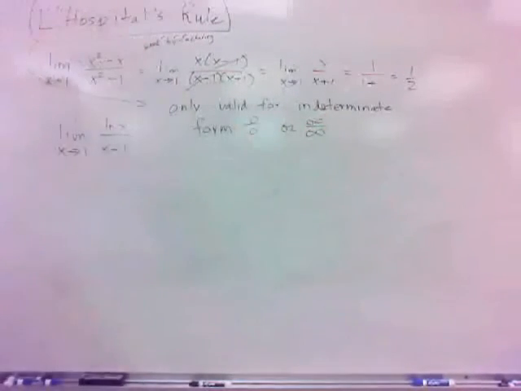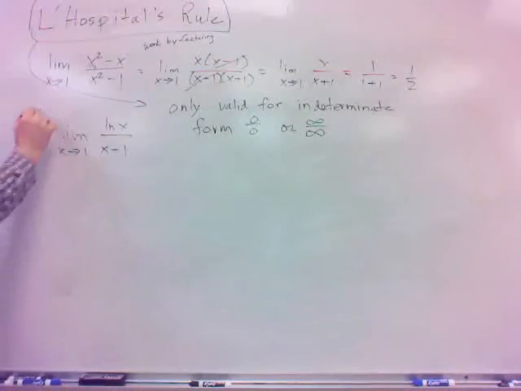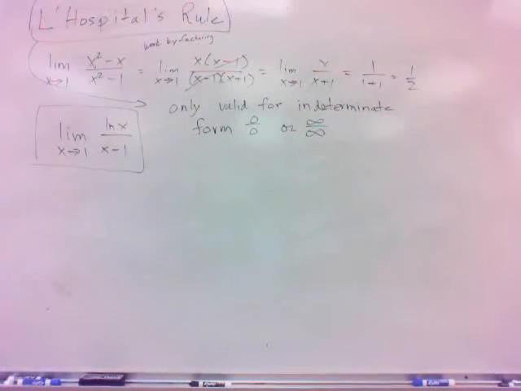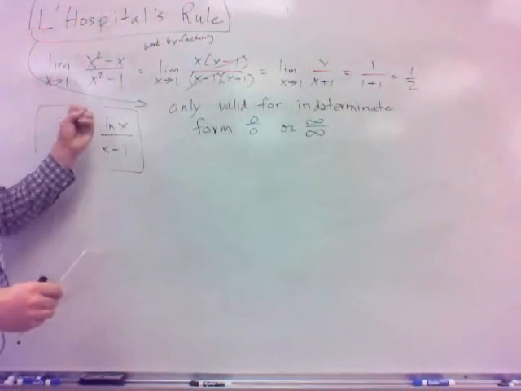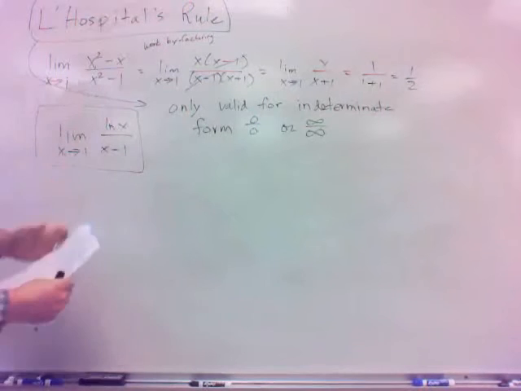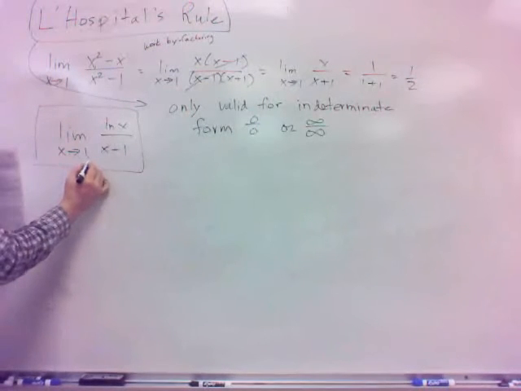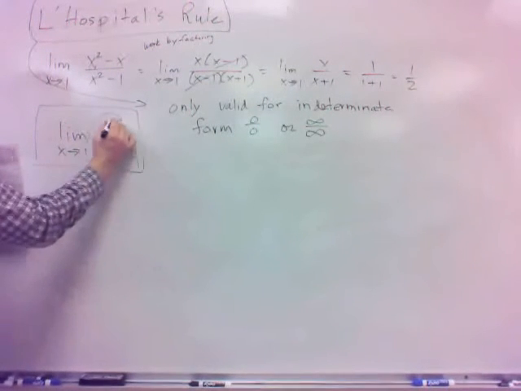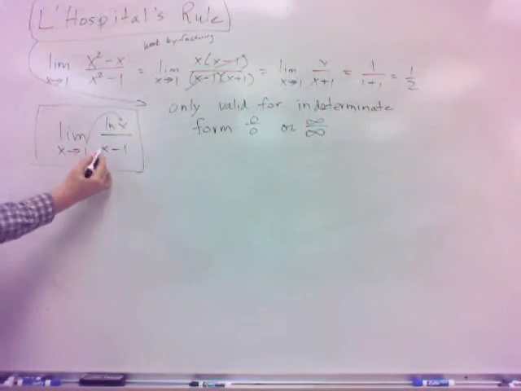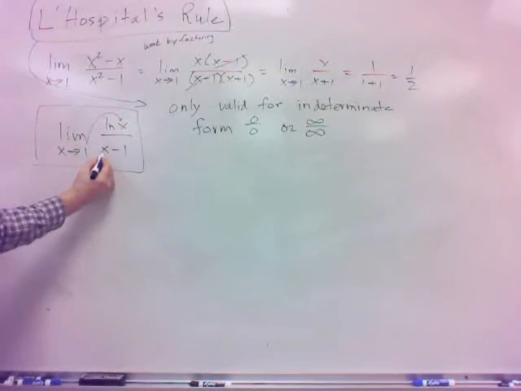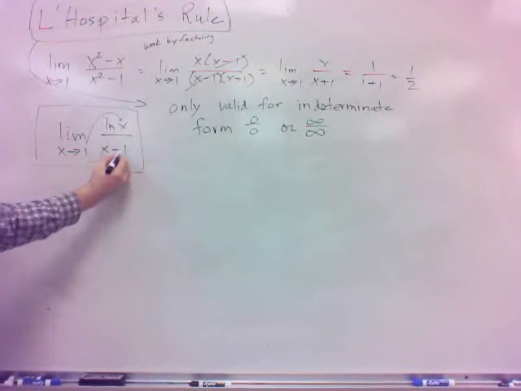Here's what I mean by that. This little limit right here is the indeterminate form 0 over 0. In other words, it's a limit that appears to be indeterminate because you have 0 over 0, right? Because if I plug in x to be 1 in the top and bottom there, well, as x approaches 1, this goes to 0, doesn't it?